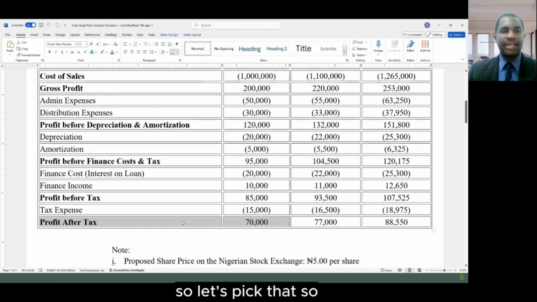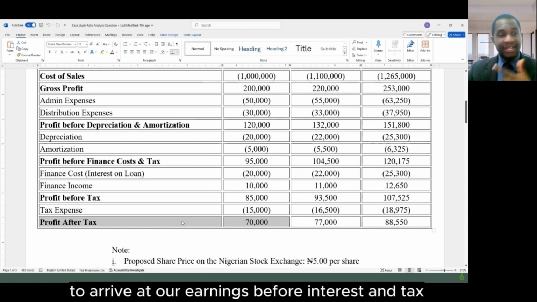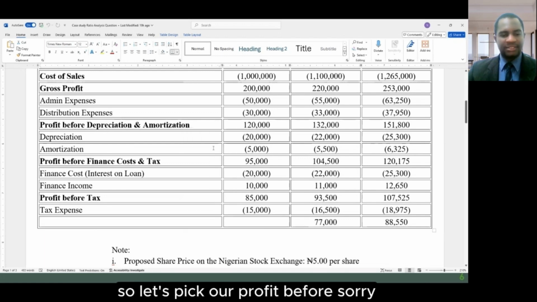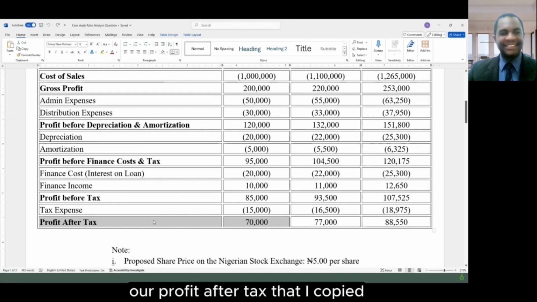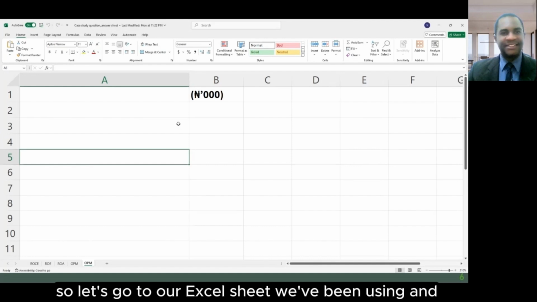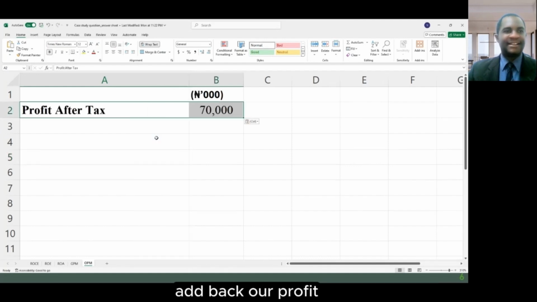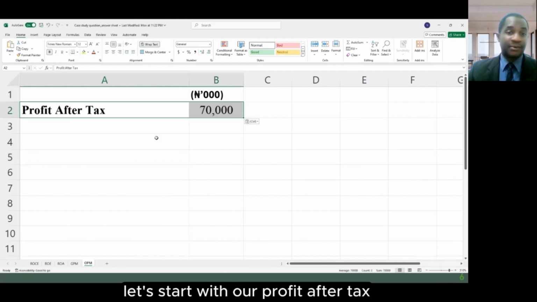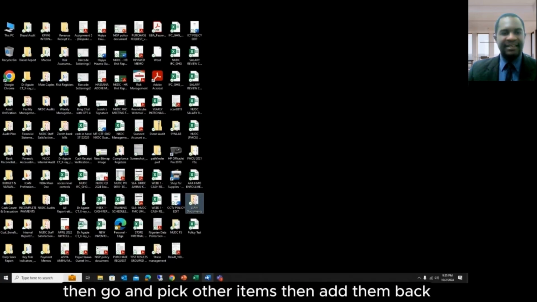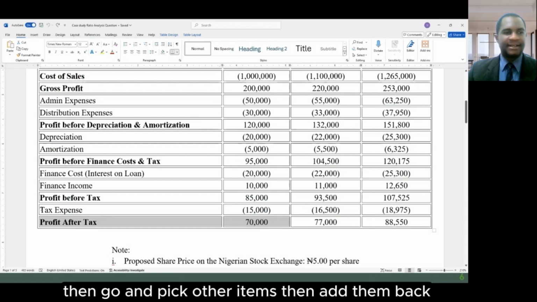So let's pick that, and we add back to arrive at our earnings before interest and tax. Let's go to our Excel sheet and start with our profit after tax. Then we pick other items and add them back.